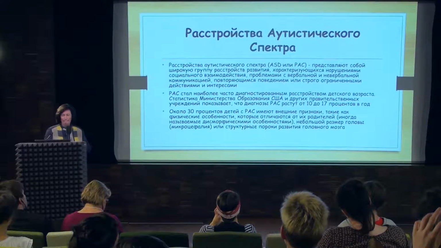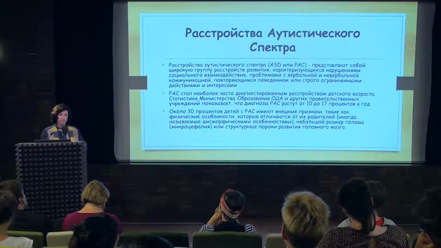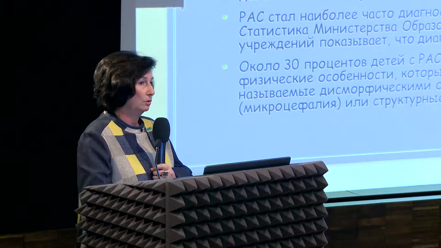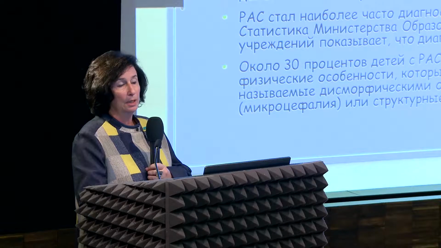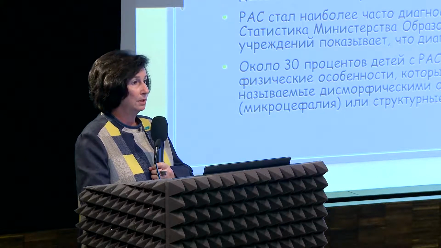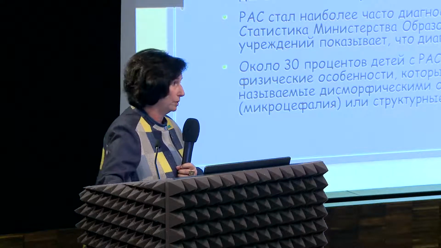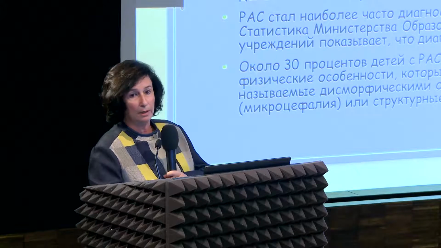The next big group are ASDs, and I'm going to highlight them in detail later. But the statistics are discouraging. No one knows exactly why this happens. Maybe it's just due to the fact that diagnostics was worse before, and there was a diagnosis of infant schizophrenia, which is not justified by any medical facts, which was diagnosed instead of ASDs.